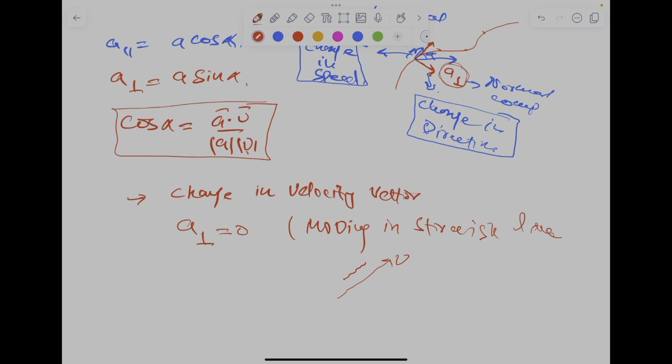Velocity and acceleration parallel means the same direction. So this is the case of motion along a line.